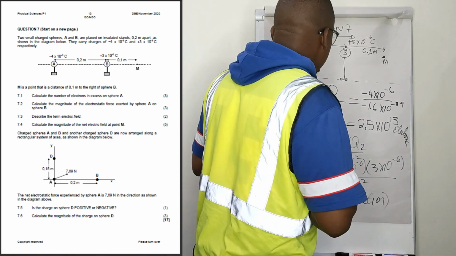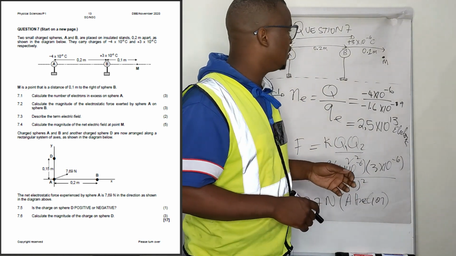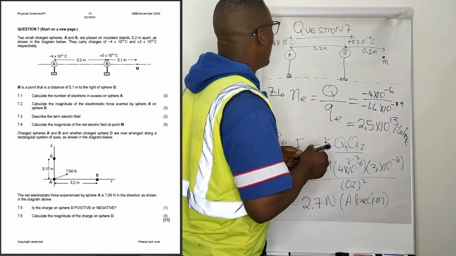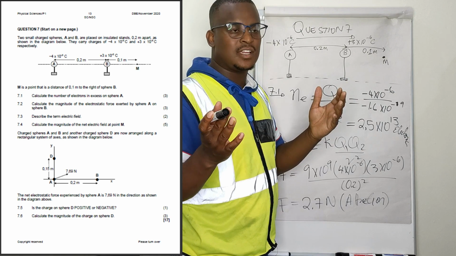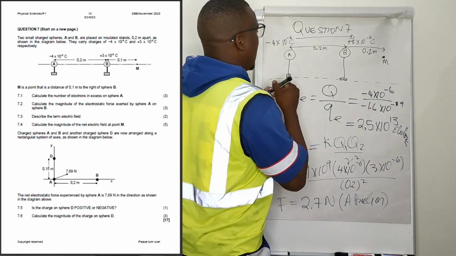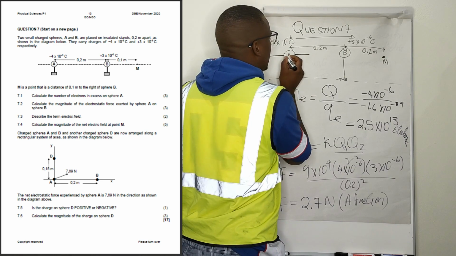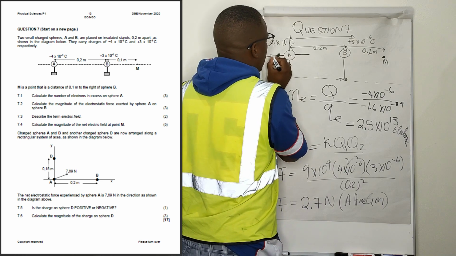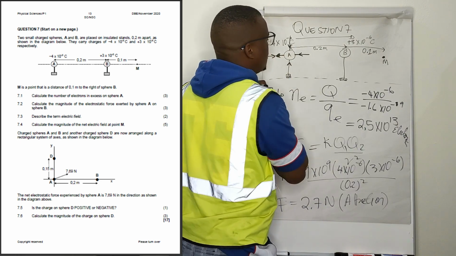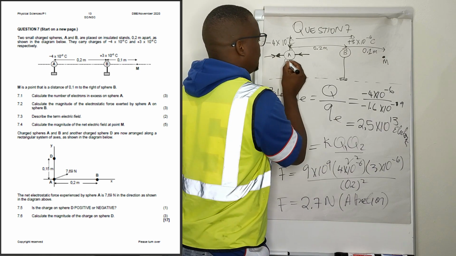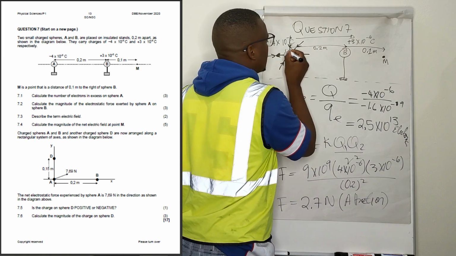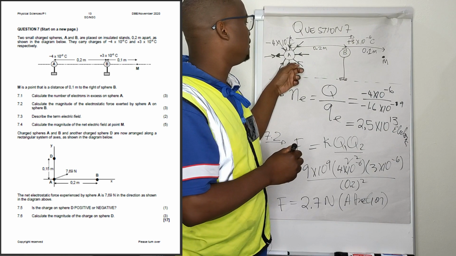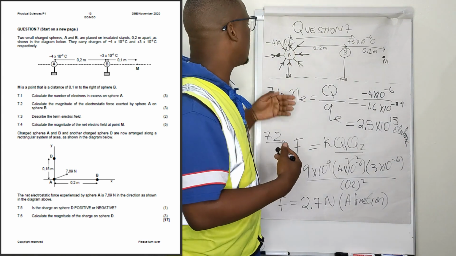So let's go. Now we know that A is negative, so the electric field lines at A are moving inwards. The electric field lines at A are inwards because A is negative.